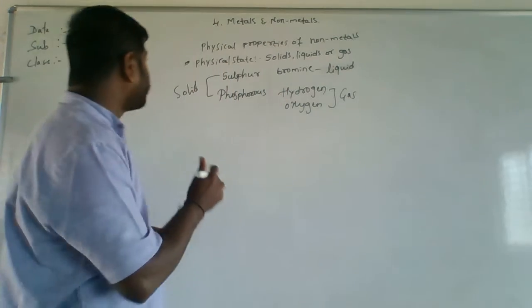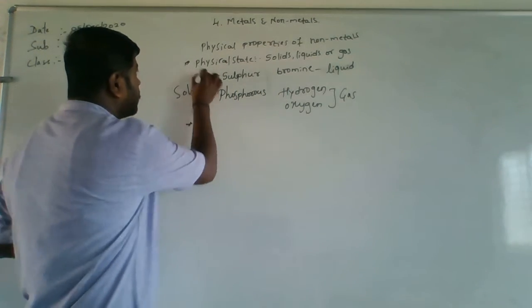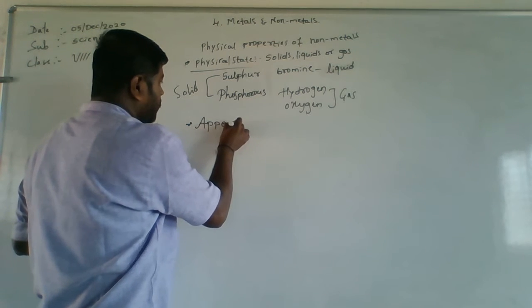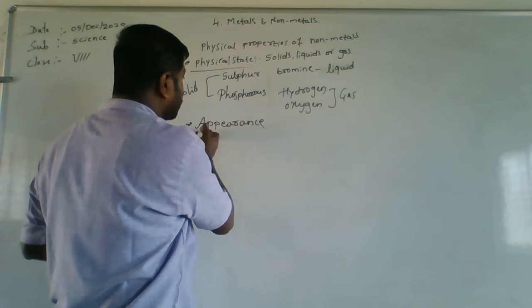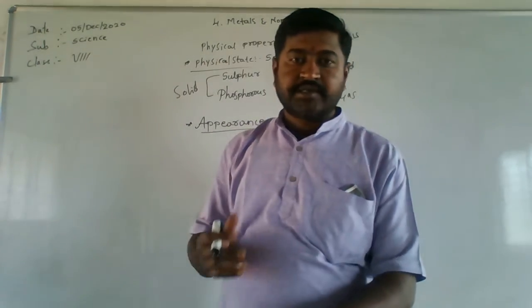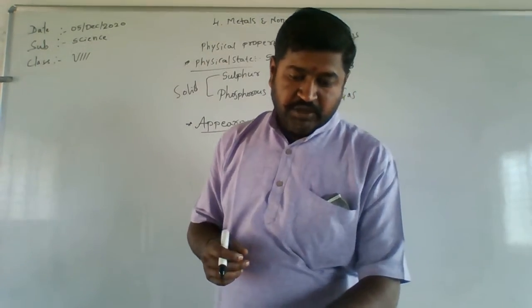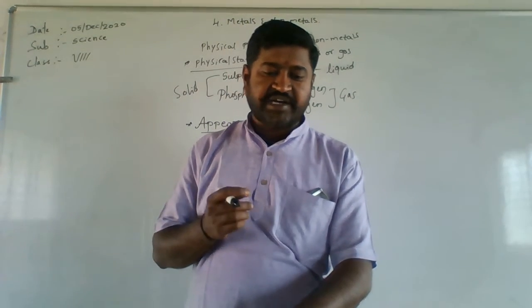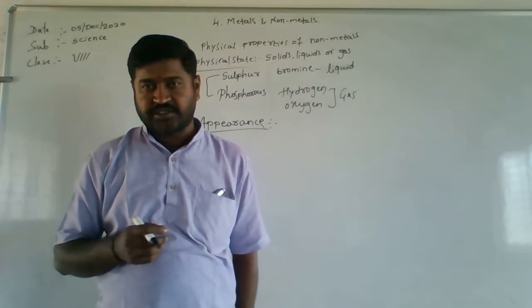And now second property, it is about appearance. How are these non-metals appearing? How are they going to be seen? So non-metals are generally dull or non-lustrous, but graphite and iodine are exceptions.